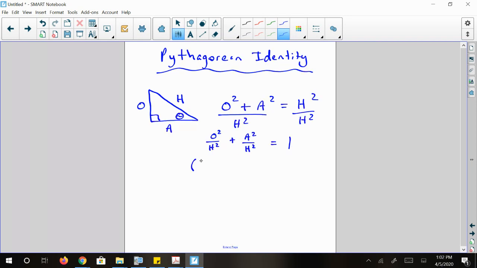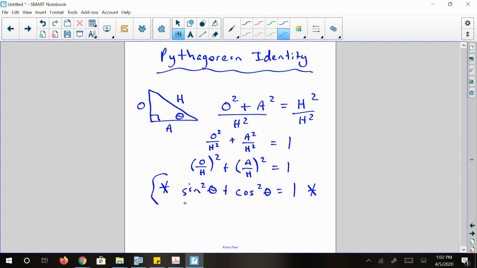Going a little further, I can pull the squared out of both of these, and this is what I get. We've learned that O over h is the same thing as sine of theta, so this is sine of theta squared. A over h is cosine of theta, so this is cosine of theta squared. What this identity says is that when I add sine squared of theta plus cosine squared of theta, I will always get the number 1.